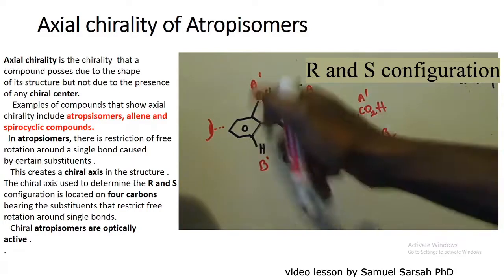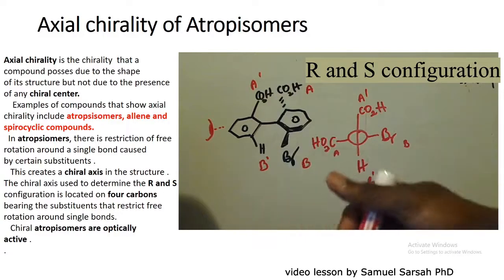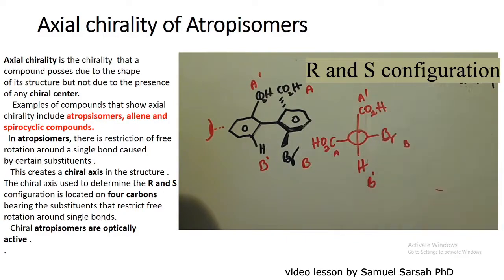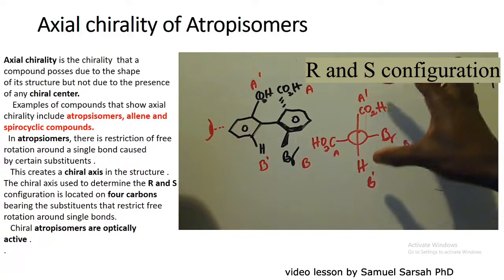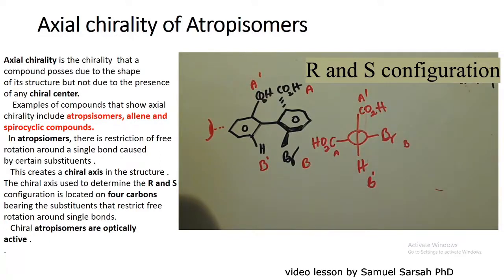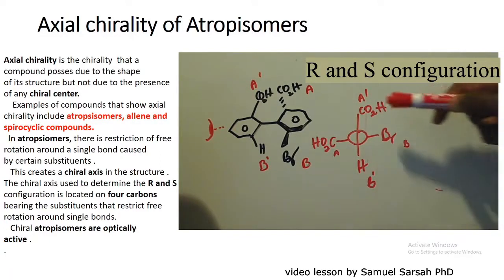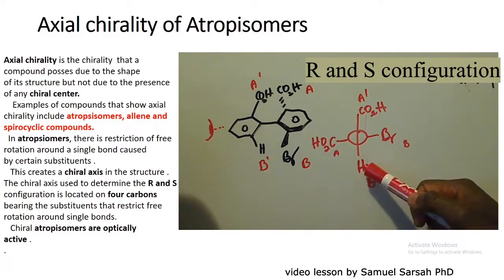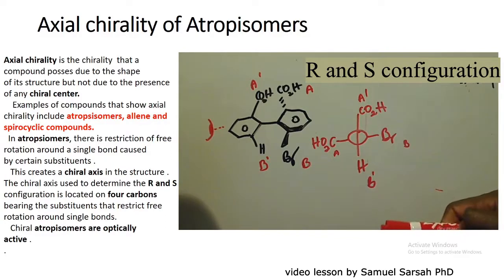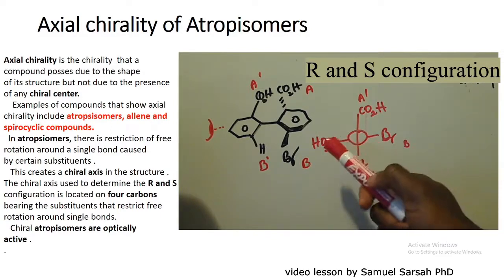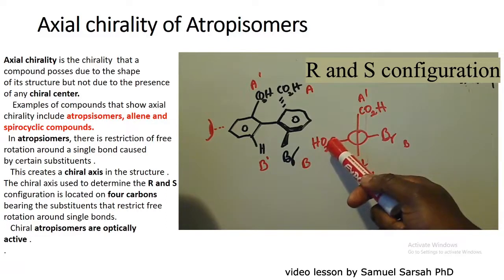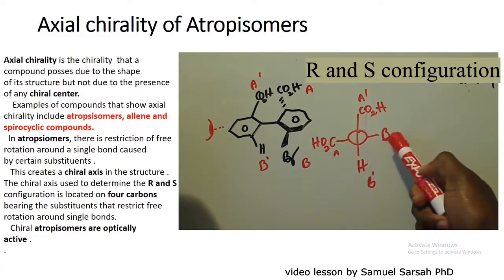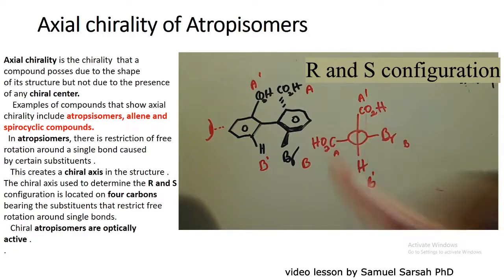So since I started from here, I have to start assigning from the vertical position. So A prime and B prime. Also B prime is lower in priority than A prime in this case. So I'm going to start with hydrogen. And then looking at this and this, the bromine is higher in priority than the carboxylic acid.